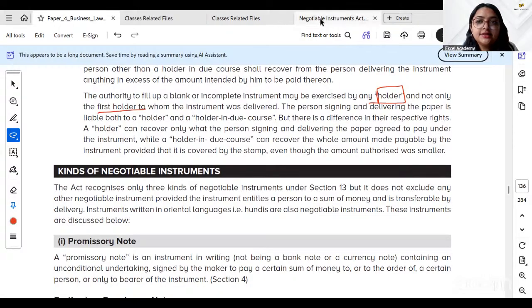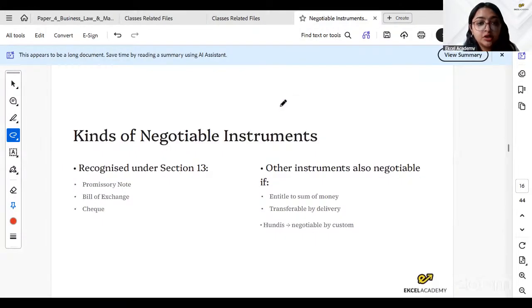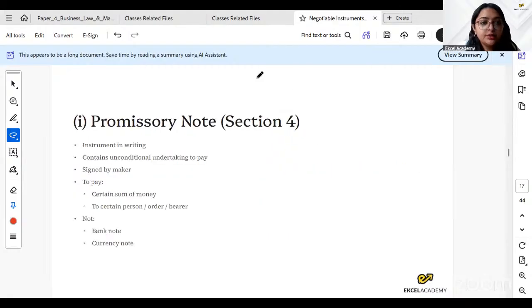All right, great. Let's proceed with understanding the different kinds of negotiable instruments that are there, starting with your promissory note. Since we have already understood the base concept, all of these details are going to be very easy to understand.